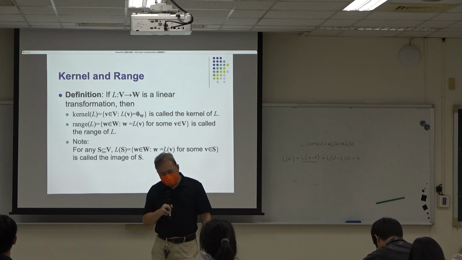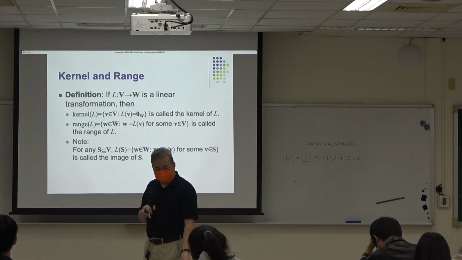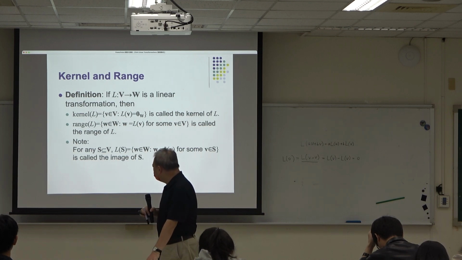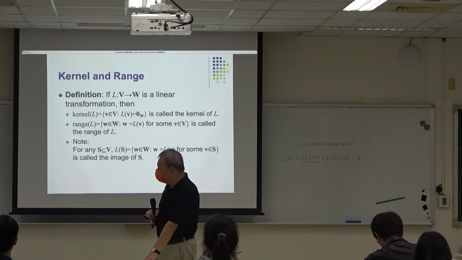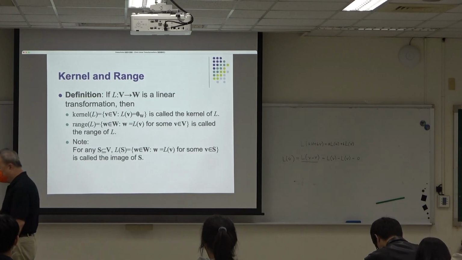These definitions are consistent with the function definition. We talk about the range and the image for a function. We may not talk about the kernel for a function, but we still talk about the range and image for functions.